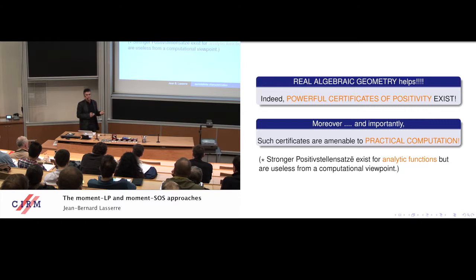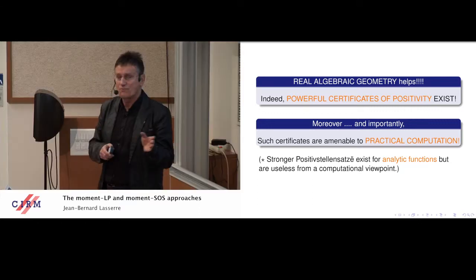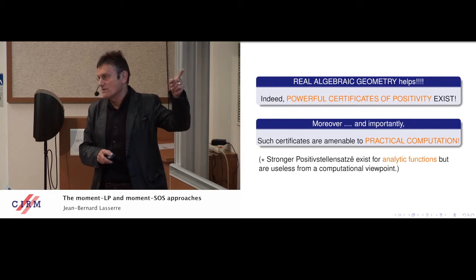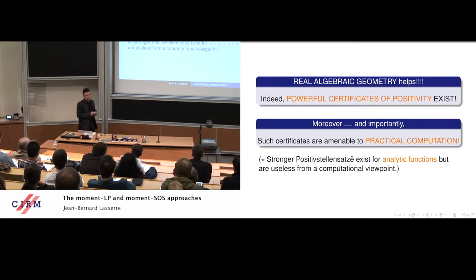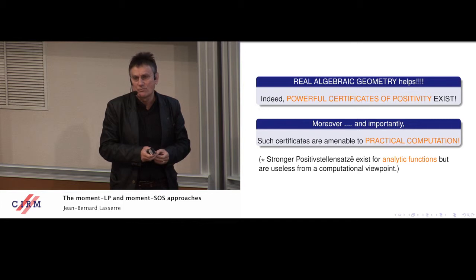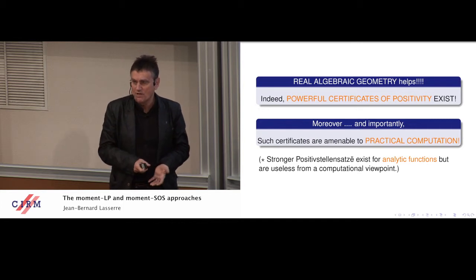So, of course, you understand that in mathematics, you always want to be as general as possible. This is one direction in pure mathematics. So, for example, some people would find that the same positivity certificate for analytic functions is even more interesting because you address a larger class of problems, right? But at the same time, you don't know how to use it for practical computation.